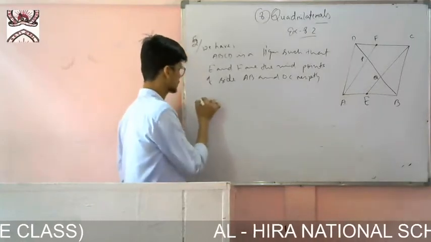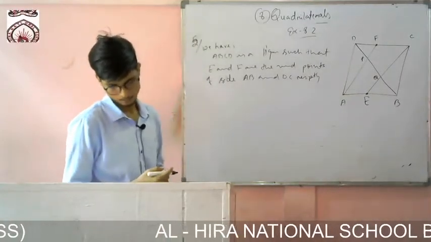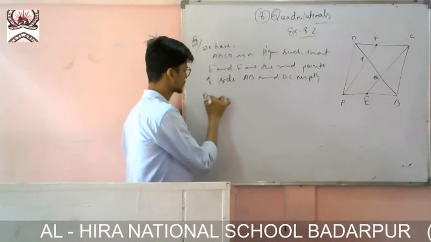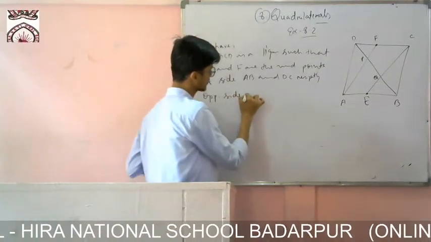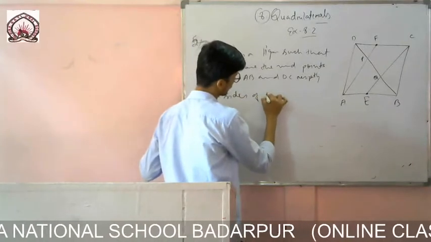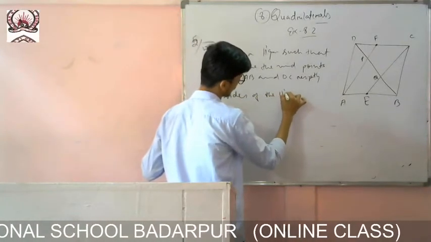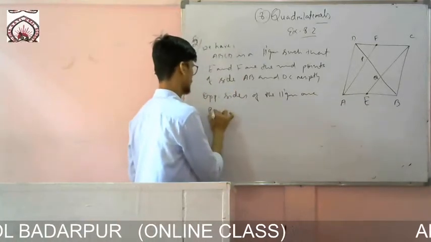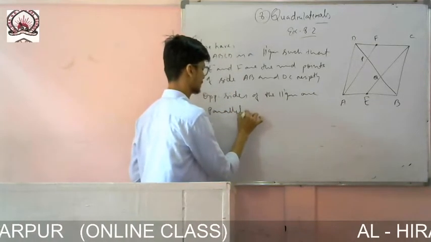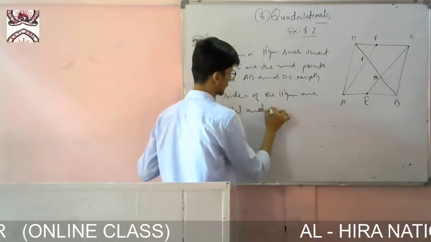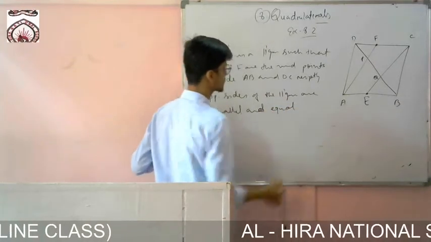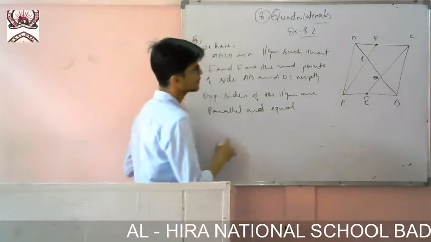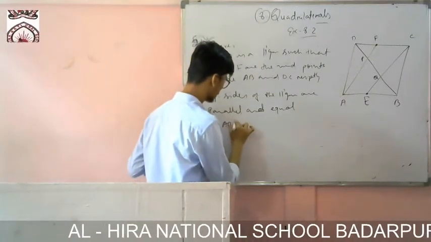So you write, since the opposite sides of a parallelogram are parallel and equal, AB will be parallel to DC.